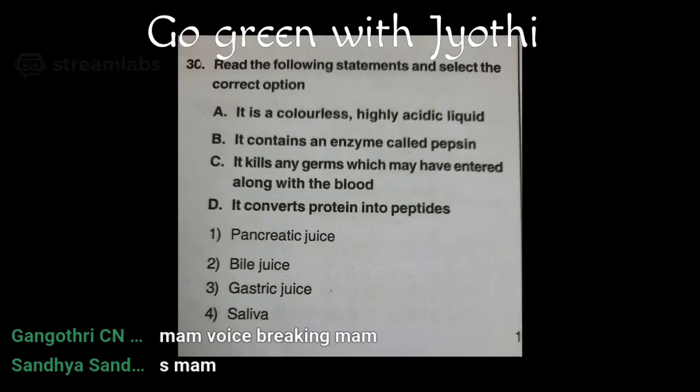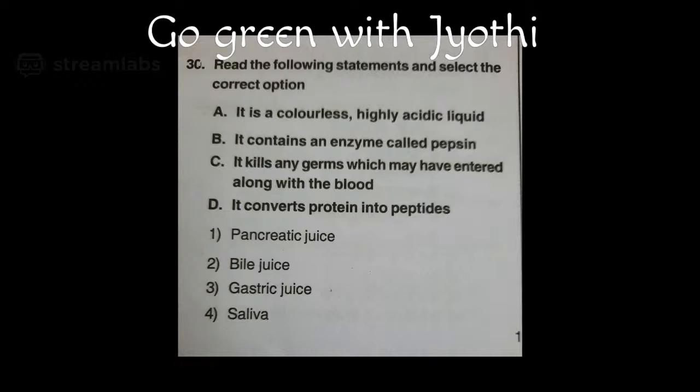It kills any germs which have entered along with the food. It converts protein into peptides. Now, the options: pancreatic juice, bile juice, gastric juice, salivary juice. Think over it.